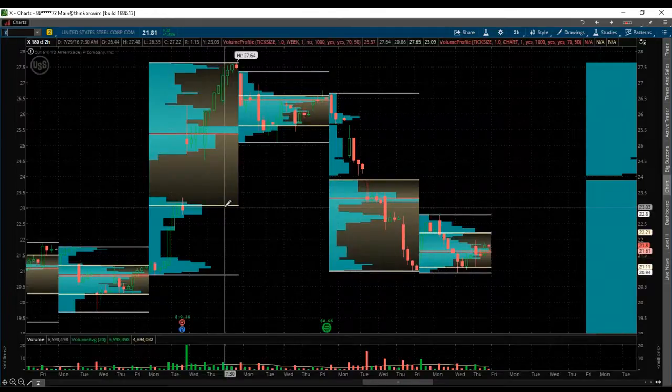All right. How do you form a bias early on whether a day is going to be a normal variation, normal day, neutral, center, extreme? The short answer is I look a lot at how wide the IB is relative to the average.